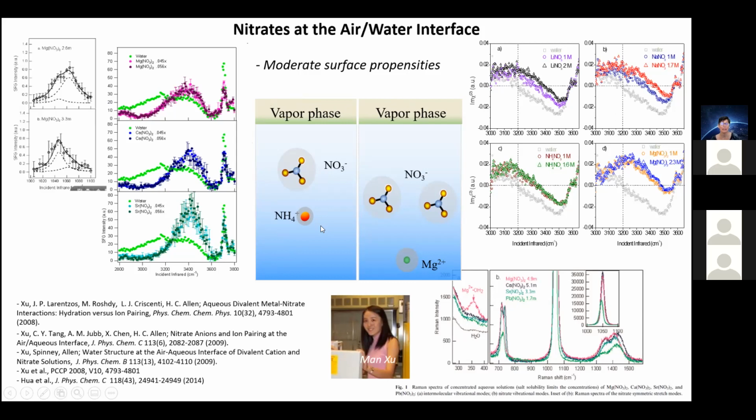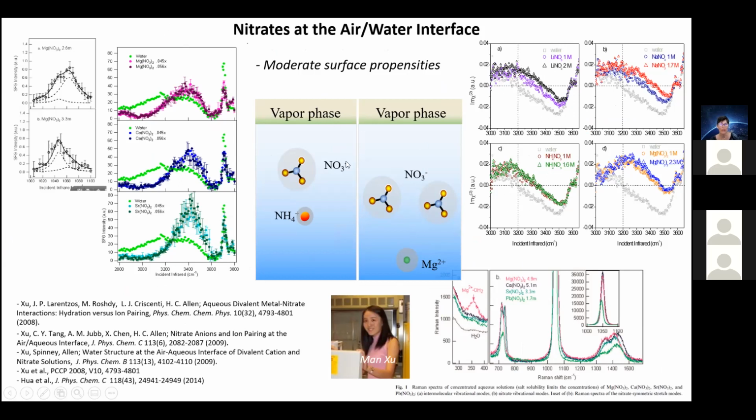So if you look at something like nitrates, I seem to have missed. Oh, there it is. Okay. So something like nitrates, we do the same kind of analysis, look at these signatures, but also do the heterodyning, which tells us about direction of water.